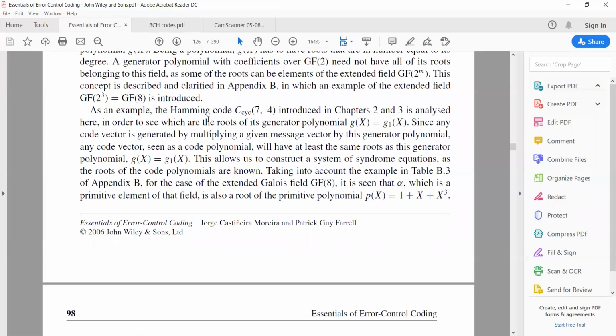So those which are the roots of the generator polynomial will also be the roots of the code polynomial. As we have multiplied gx, the generator polynomial, with the message polynomial and are generating the code polynomial, the roots of the generator polynomial will be the same as the code polynomial's. At least the same roots.